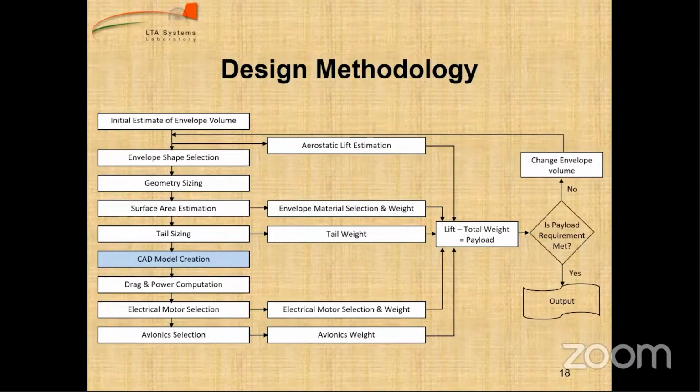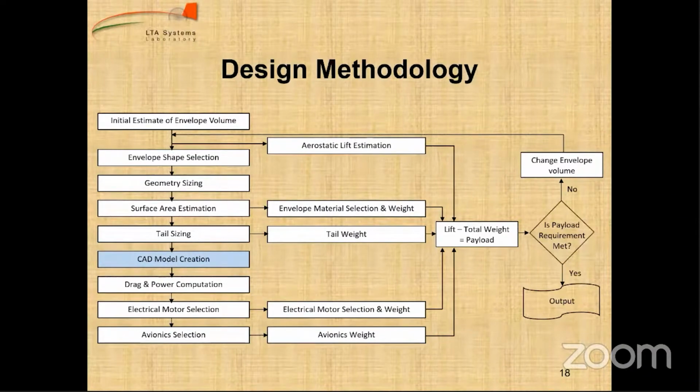Do you know about a software called OpenVSP? No, sir. No one in the audience? Yes, okay, you know about OpenVSP. OpenVSP is an open source, aerospace-specific tool. We can create our geometry in very less time.